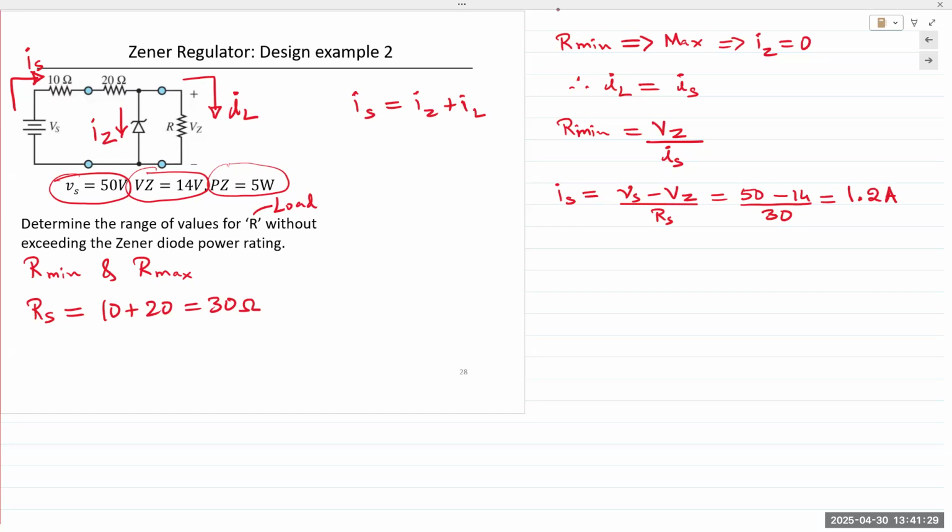So our minimum R is Vz, 14, divided by 1.2, and this comes out to be 11.6667 ohms. It's the minimum value of R.